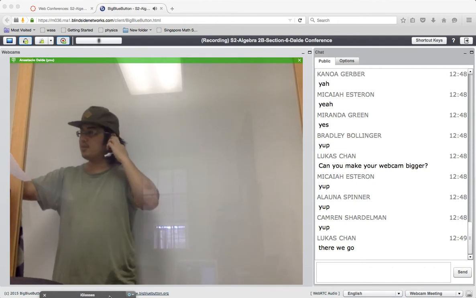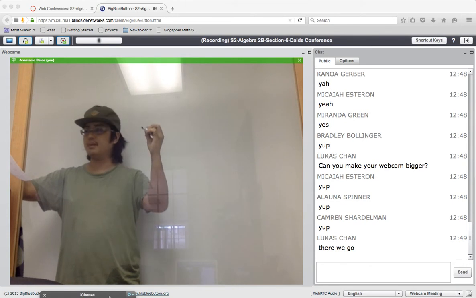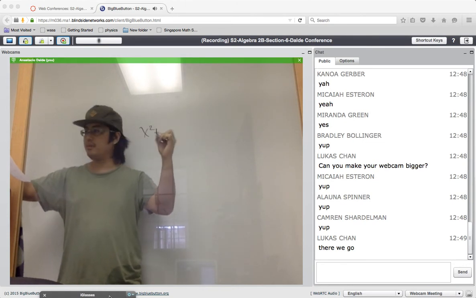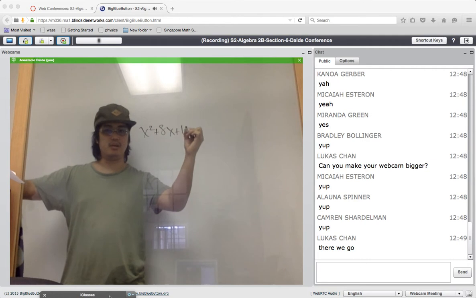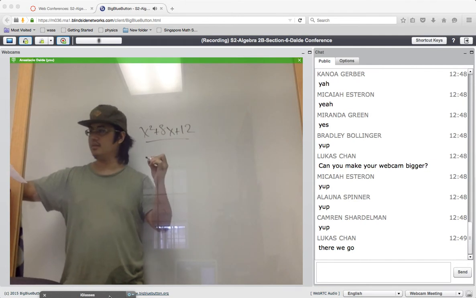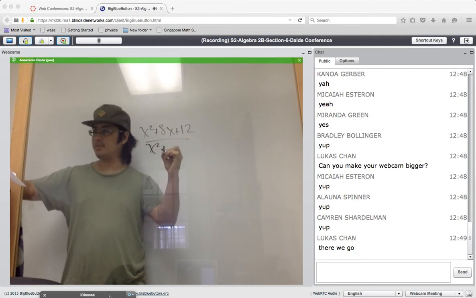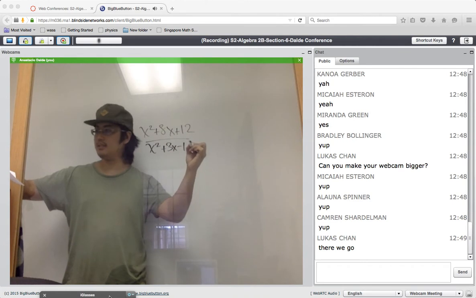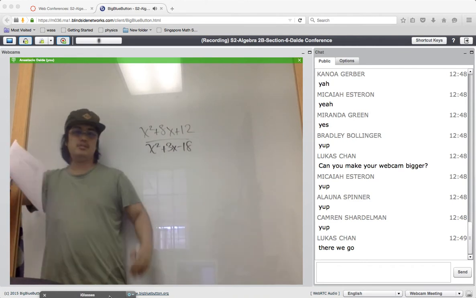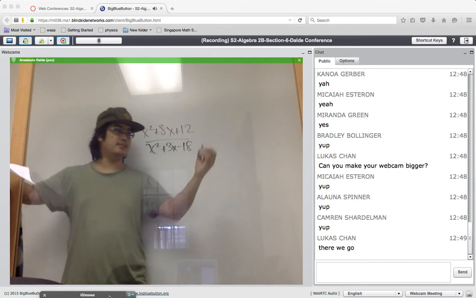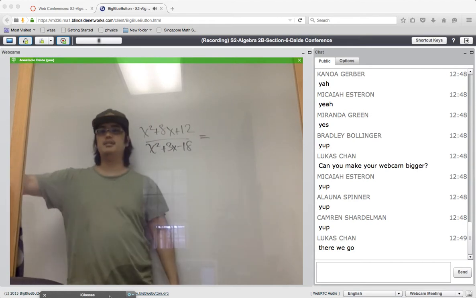Let's try this problem on for size. How about x squared plus 8x plus 12 over x squared plus 3x minus 18. Now, if I asked you to factor the top, that's pretty easy to do, right? This was a while ago when we covered this factoring stuff.